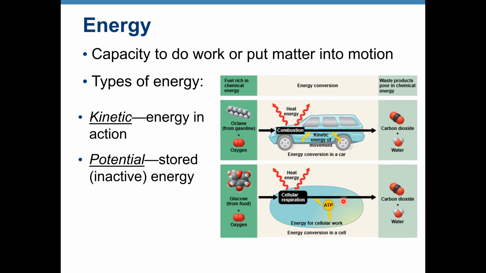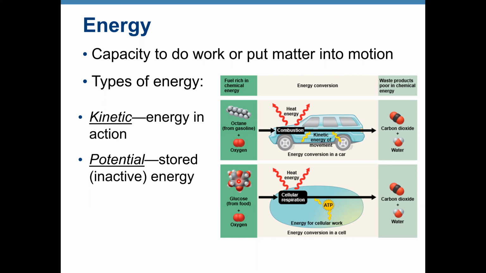But your cells also need a source of energy to perform all cellular function. Your cells actually need ATP, right? And to get this ATP, your cells also use potential chemical energy. Glucose, in the presence of oxygen, is broken and ATP is synthesized, right?